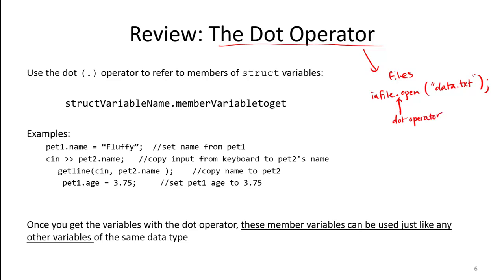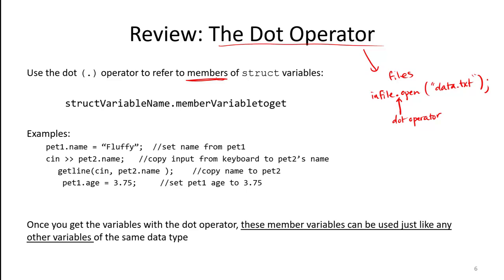We'll revisit the dot operator in more detail as we start working more with structs and classes. But for now, the thing you should know about the dot operator is that we need to use it in order to access data within our struct, or access member variables within a struct.